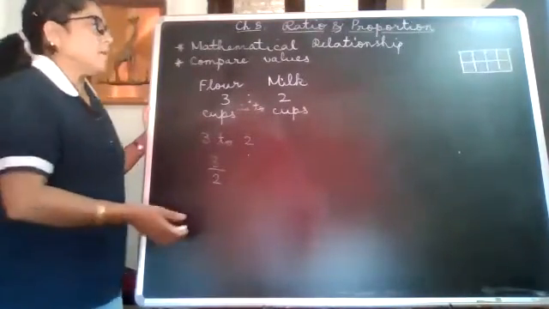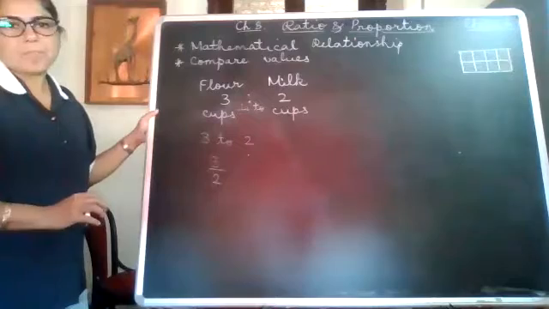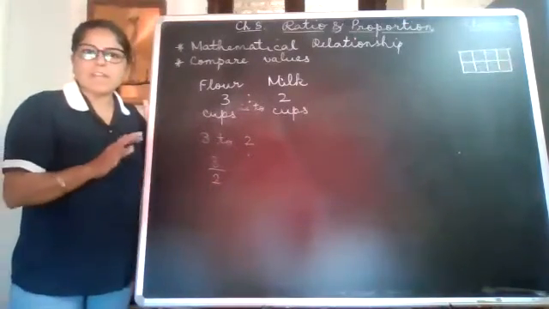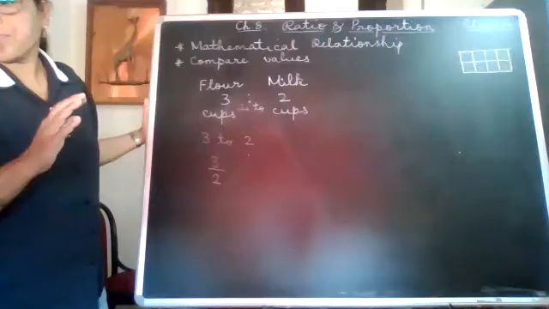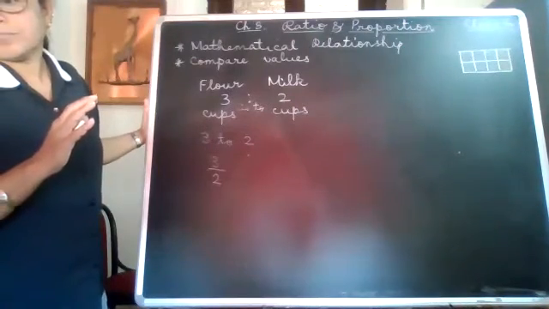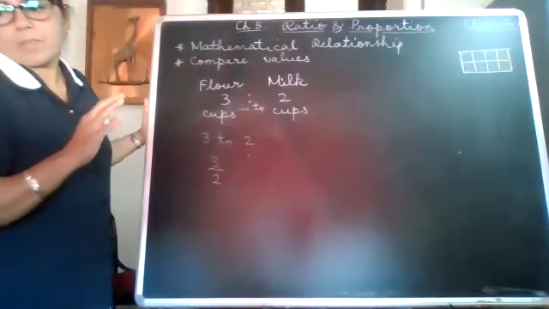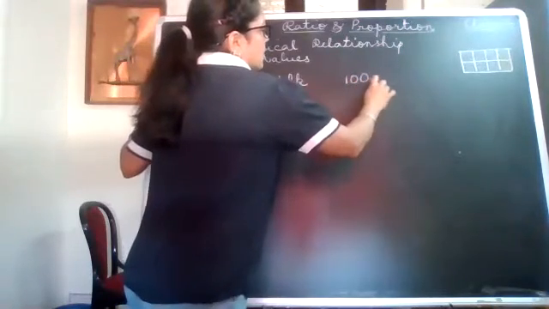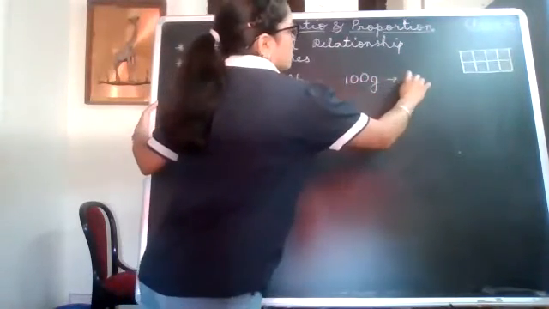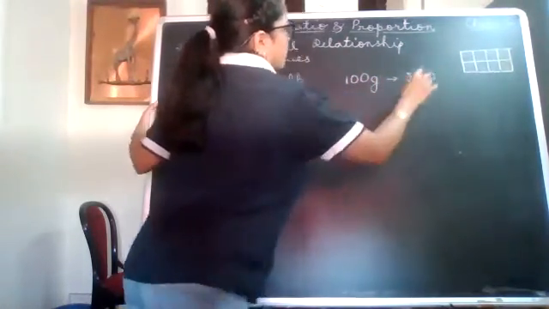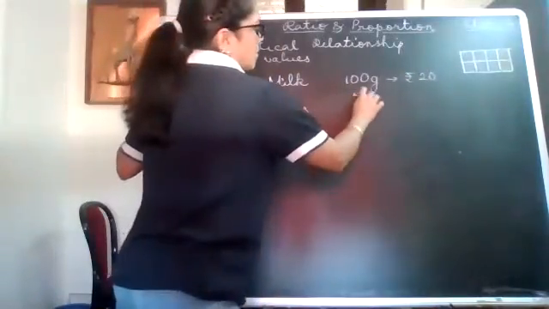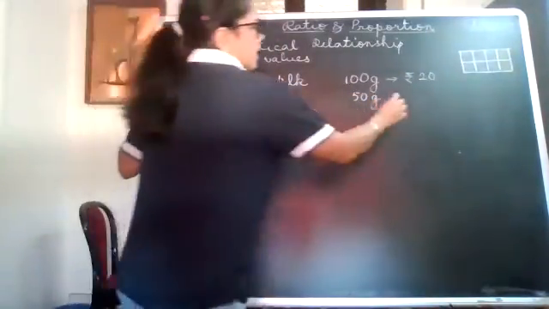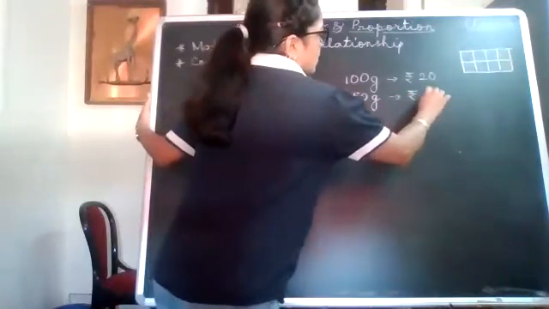Now say for example, you have gone shopping, and on the shelves you can find a variety of biscuits. You will see one packet which is 100 grams and it costs rupees 20, and you see another packet of the same biscuits which is 50 grams and it costs rupees 12.